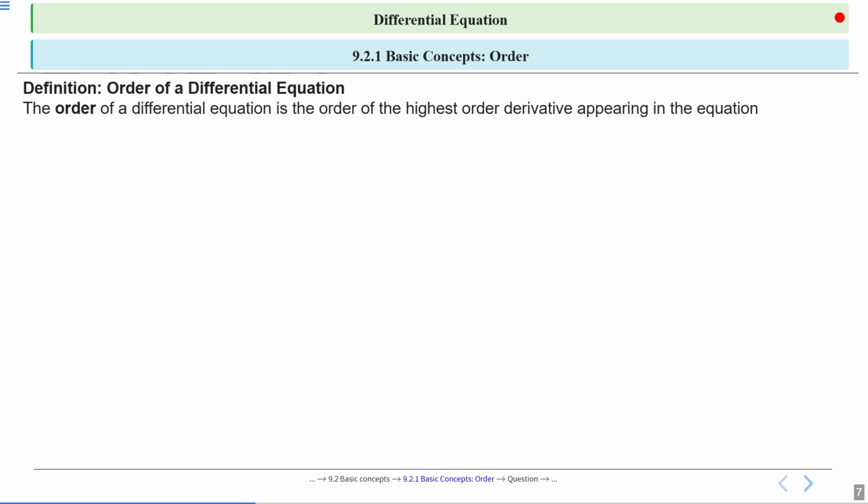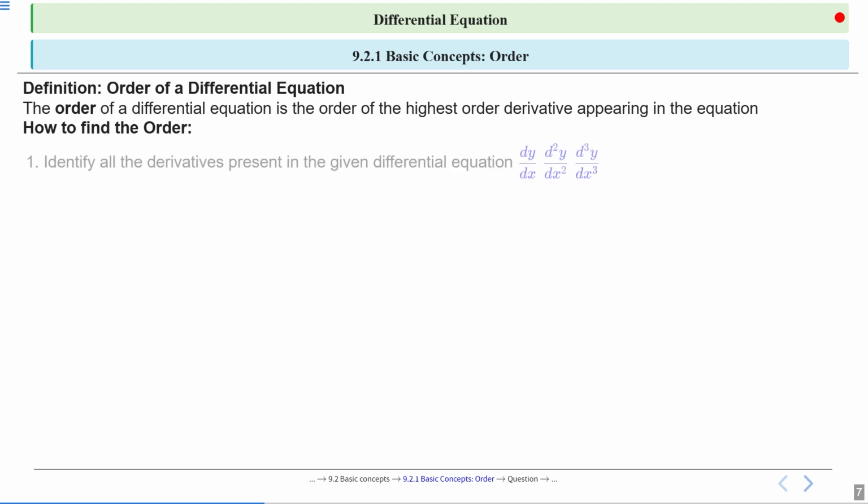So if an equation or differential equation is given, we have to find which one is the highest order derivative, and the order of that term is called the order of the differential equation.